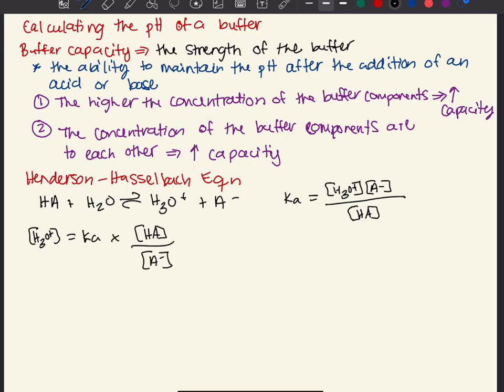Now, if we want to express this in terms of pH, then I can just take the negative log of all of this. So if I take the negative log of my hydronium ion, that is going to give me the pH.